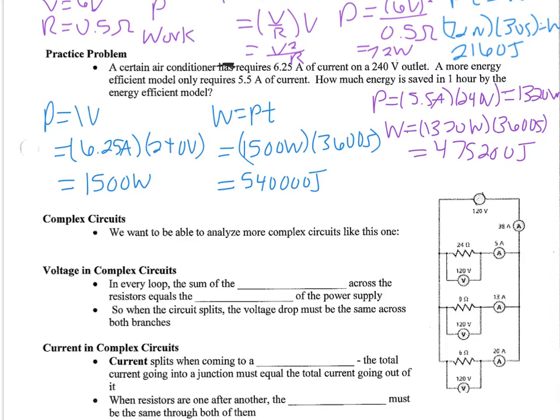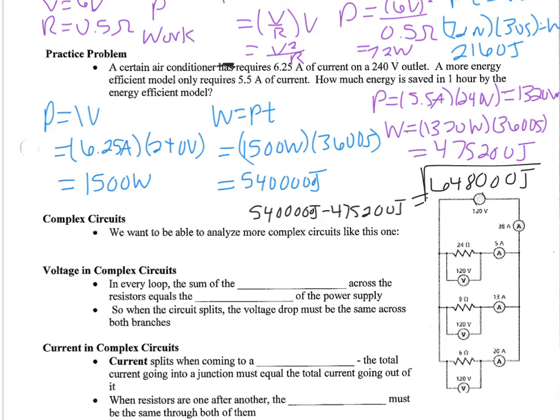We're taking 540,000 joules minus 475,200 joules. And I made a mistake. This should be 5,400,000. And this comes out to 648,000 joules.